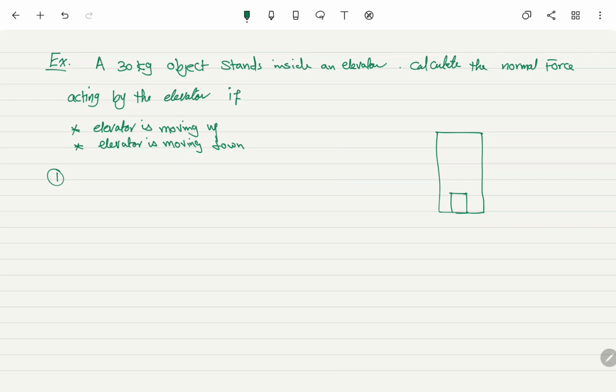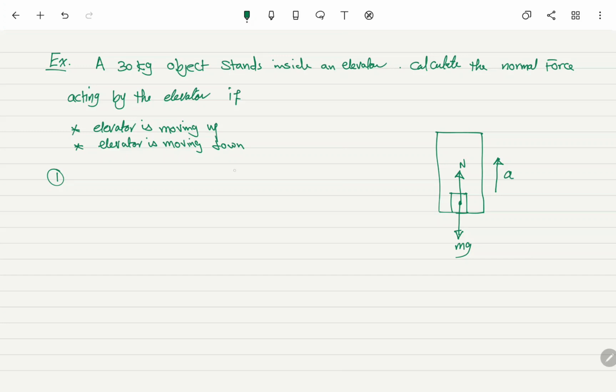Now the forces acting on this object are the weight, mg, and the normal force exerted by the elevator on the object. Since the elevator is going up, the acceleration is going up.